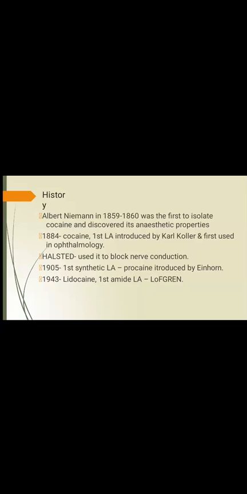In 1884, cocaine was the first local anesthetic introduced by Karl Koller and first used in ophthalmology. Next, Halsted used it to block nerve conduction. First it was introduced by Karl Koller, and then Halsted used it for blocking nerve conduction.